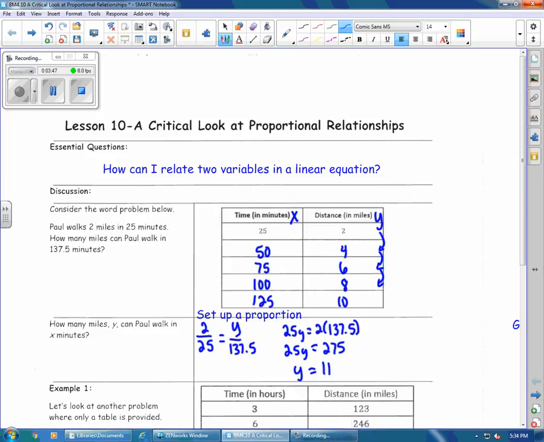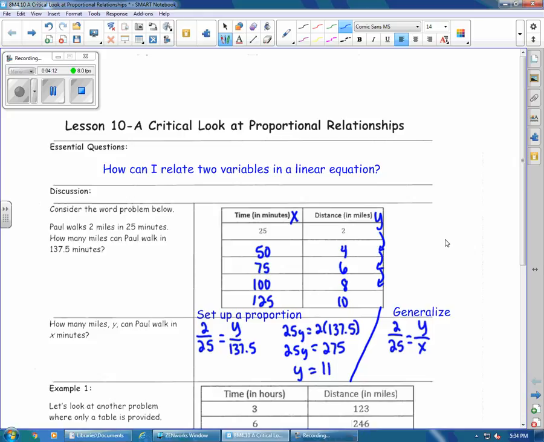We can generalize this and come up with a general rule about when Paul is walking. If we want to figure out how far he goes in any given time, we can set up a general proportion. So if we've got 2 miles in 25 minutes, how many miles in an unknown number of minutes?